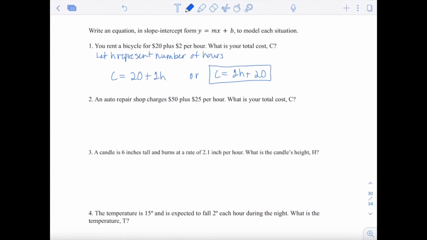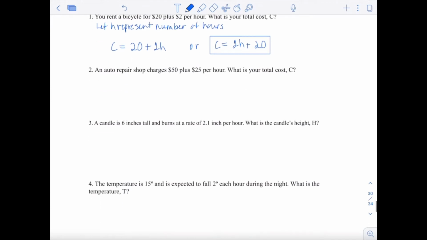So I prefer if we write it in the equation of a line, y equals mx plus b. An auto repair shop charges $50 plus $25 per hour. I'm going to let h represent number of hours. Okay, and then my total cost at this auto repair shop is going to be 50 plus 25h.